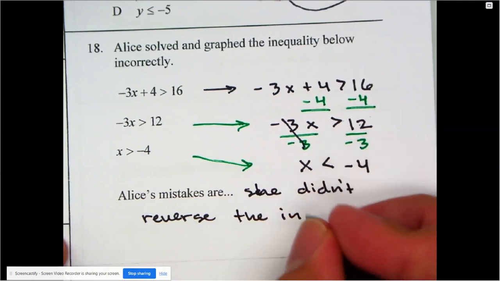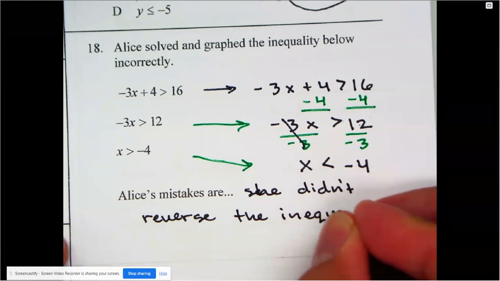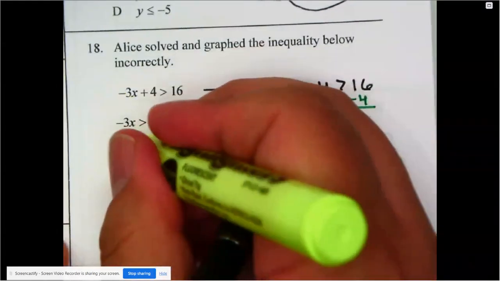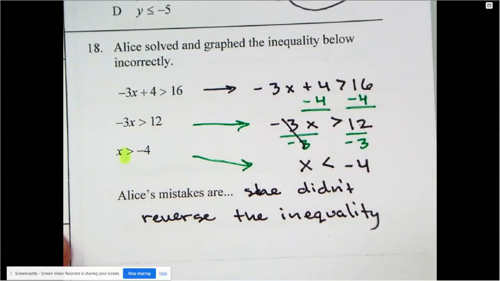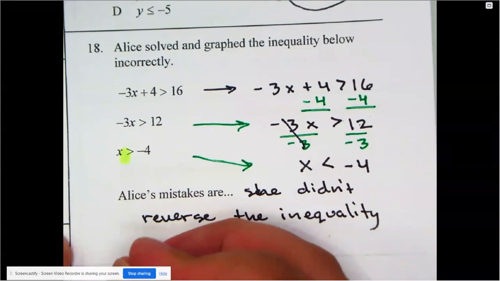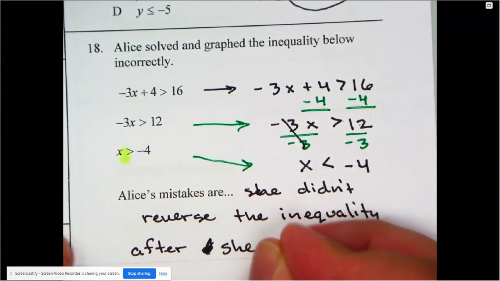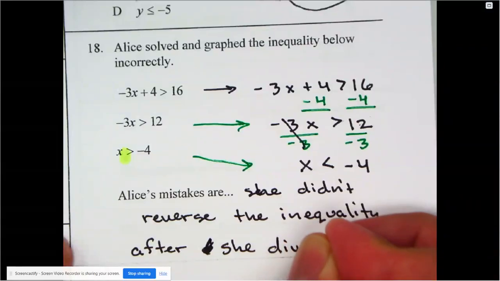That's what she forgot to do. Remember, that's what these things are called right here. So that's the error. She didn't reverse the inequality after she divided by a negative.